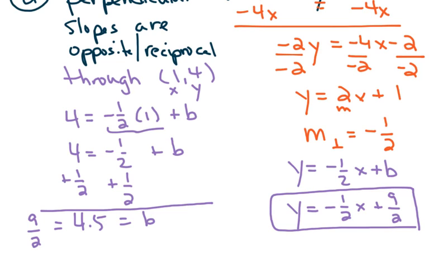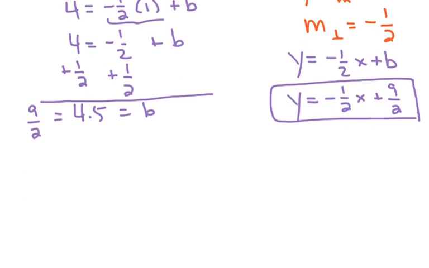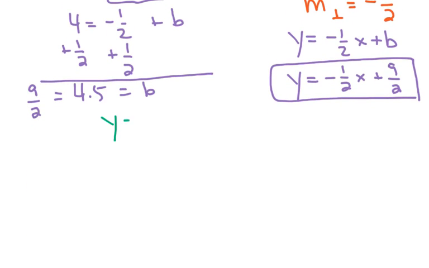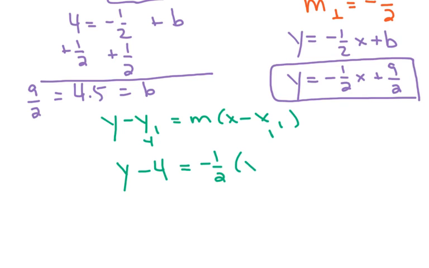Now, the other way of doing it was using that point-slope form. We would have gotten the same answer. So y minus y1 equals m times x minus x1. It's just we would have plugged in our 4 here and our 1 here. So y minus 4 is equal to negative 1/2 times x minus 1.